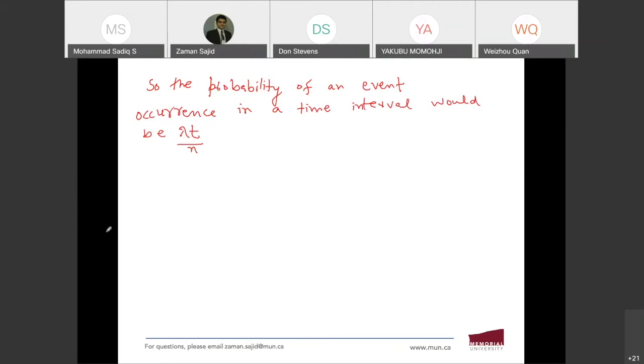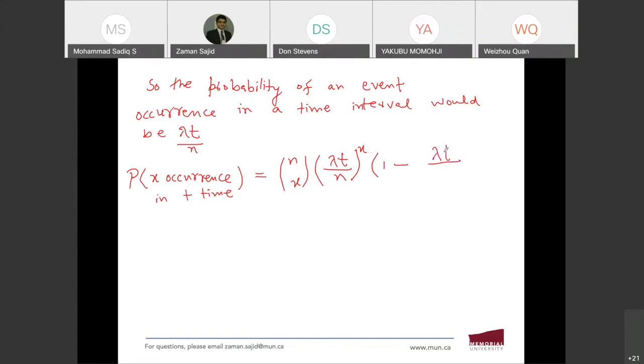For the Poisson distribution, the probability of x occurrences in t time is equal to n choose x times lambda t over n, this whole power x, times 1 minus lambda t over n, and this whole power is n minus x.